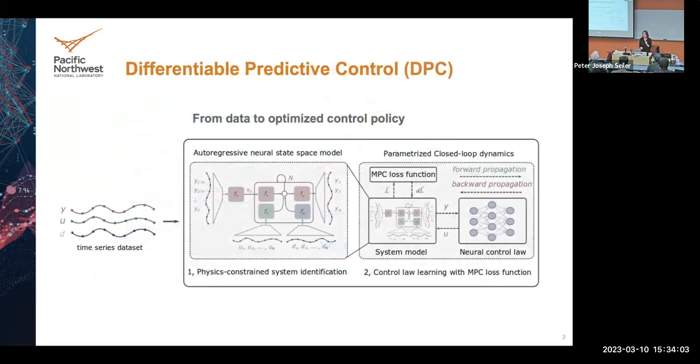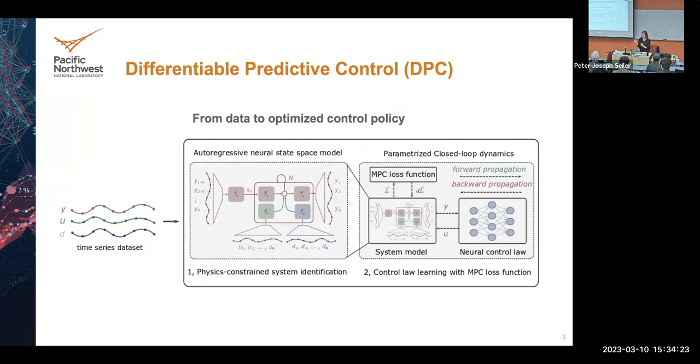And today I'm going to talk about this approach, which we call differentiable predictive control, which is a way to synthesize model-based predictive control solutions using deep learning tools and methods.